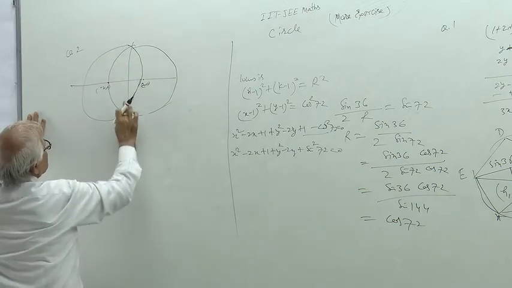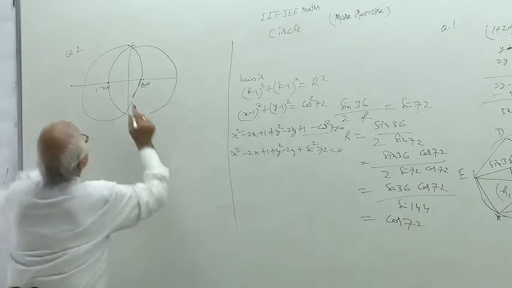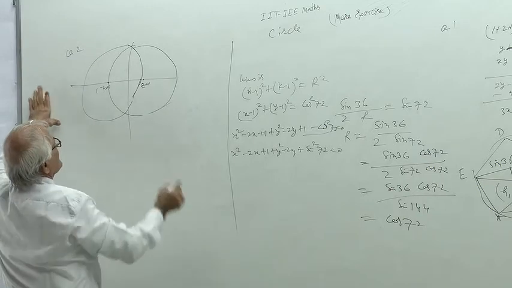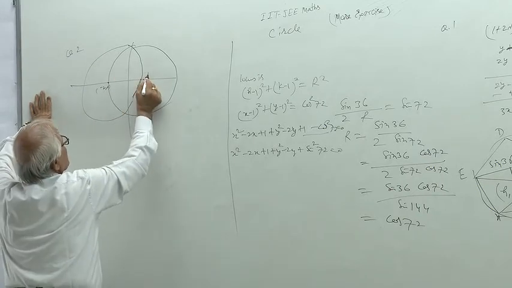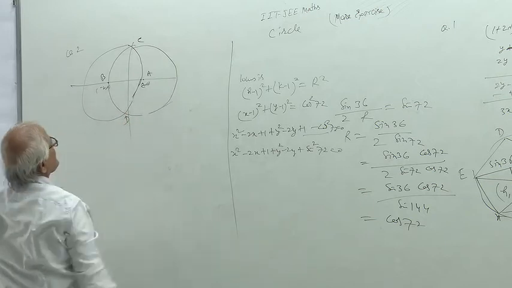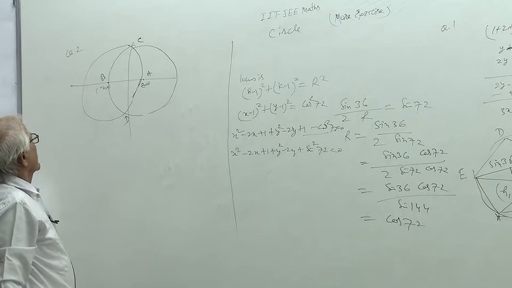This is the second equation of the circle. Now the region is this, between them. Let it be A, B, C and D. The region is the rhombus ABCD.